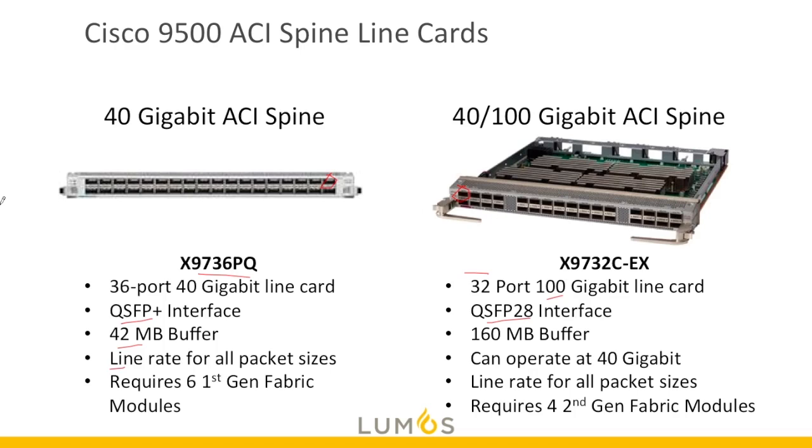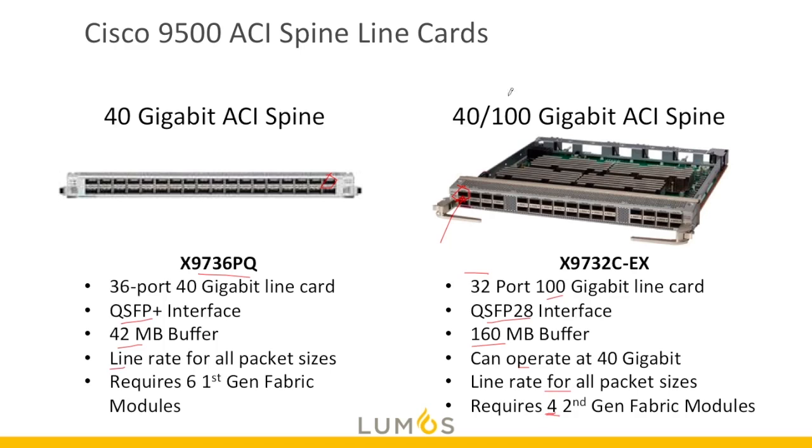If you have leaves that are 40 gig only, you can still plug them into these interfaces, plug in a QSFP Plus, and run them at 40 gig rather than 100 gig. It has 160 megabytes of buffer, line rate for all packet sizes, and requires 4 of the 2nd generation fabric modules to get full bandwidth.